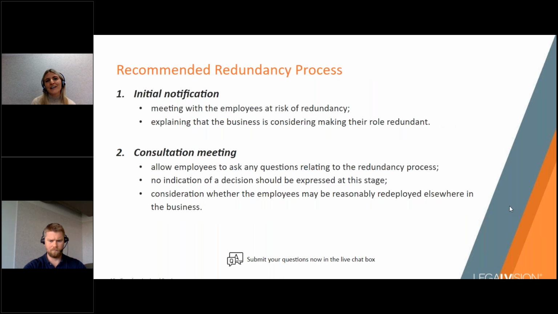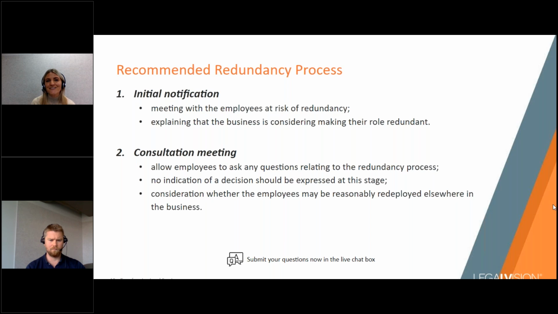Now, putting these three criteria into practice, the next stage we're going to go through in this presentation is what we recommend as your three-step fail-safe redundancy process. Assuming that there is a genuine redundancy situation, the first step of the process is always going to be to warn the relevant employees.